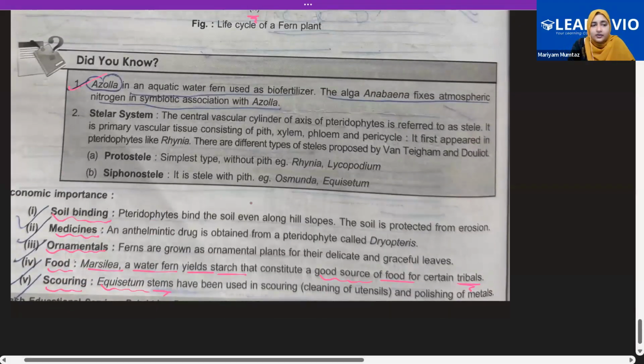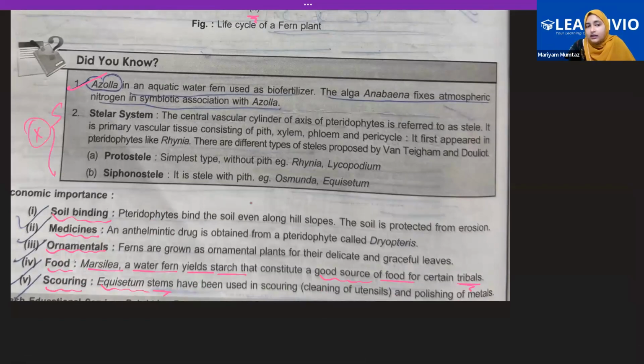This first line is important. The first line says Azolla is the scientific name of the aquatic water fern. This aquatic water fern is used as a biofertilizer.